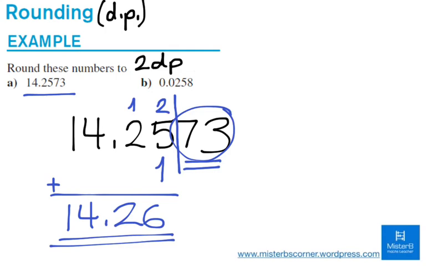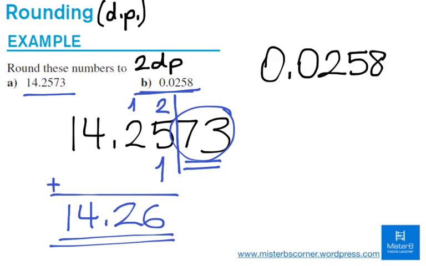For the second one, it is 0.0258, and we are rounding it to 2 decimal places. So it's the first decimal place, second decimal place. I cut it from here. Now, this number is 5, and the rule is if it is 5 or bigger, then you have to add 1 again here.